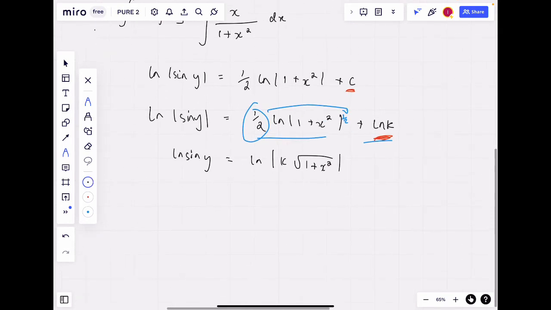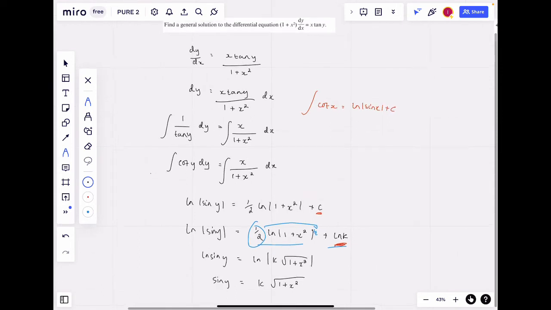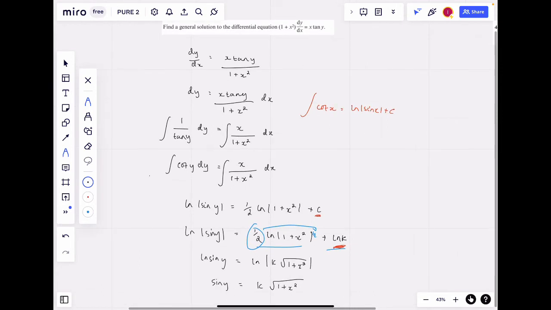Now, because it's completely simplified and there's ln on both sides, we can get rid of the ln entirely, and you're left with that. There you go. That is your answer. It says find a general solution to the differential equation. That's it. Done. I hope that made sense.